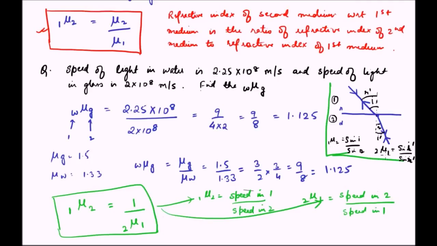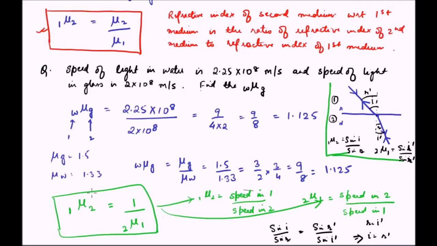sine of angle of incidence, which is now R, sine of R upon sine of I, right? Or let us do it like this, let us make this as I dash and make this as R dash. So this will be sine I dash upon sine R dash, right? And these are reciprocal of each other, so sine of I upon sine of R is equal to reciprocal of this, which will be sine of R dash upon sine of I dash.